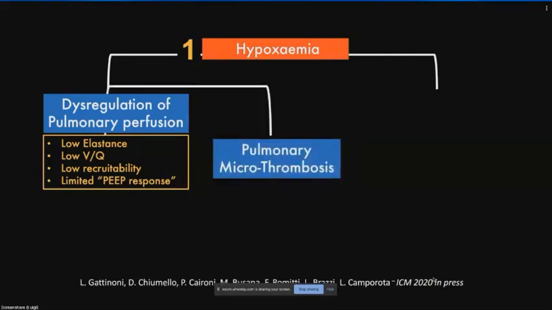And the microthrombosis is there, which obviously creates not only difficulty in lung perfusion and hypoxemia, but also some dead space, and therefore an increase in carbon dioxide.